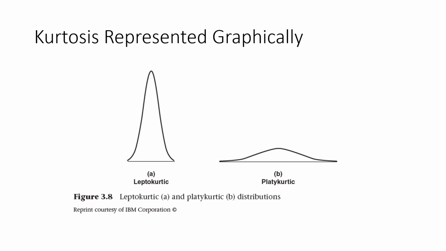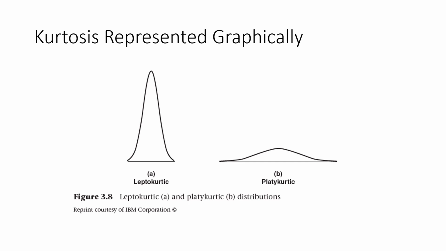These are both bell curves of a sort. They appear somewhat normally distributed, but the problem with kurtosis is that although they may appear normally distributed, they're too peaked in the case of the first example here on the slide, or they're too flat in the case of the second example here on the slide. So the leptokurtic distribution on the left-hand side has a very low standard deviation.